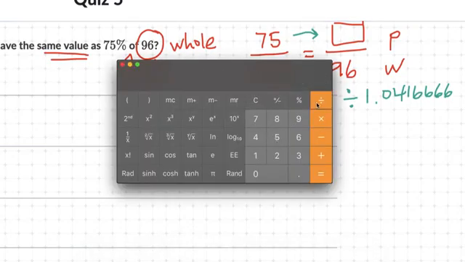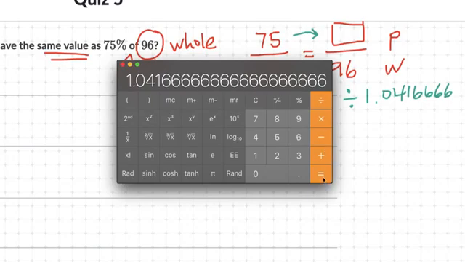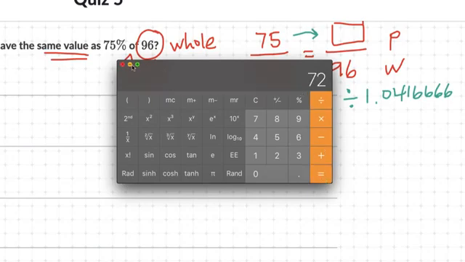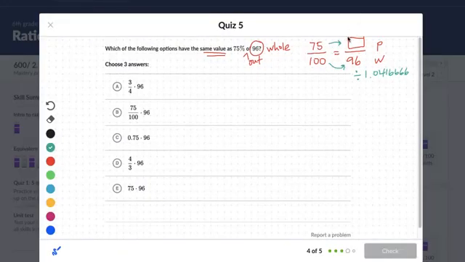75 divided by 0.041, and as many sixes as you can fit on there because we couldn't fit it. And that equals 72, okay? Didn't look like it would work out, but it does, because that's how equivalent ratios work. So it's 72. 72 out of 96 should get you 75%.